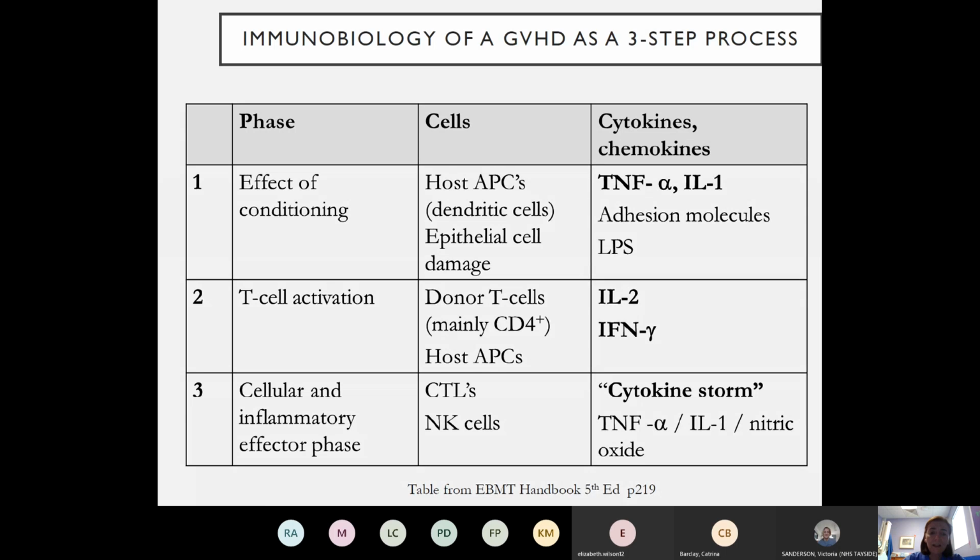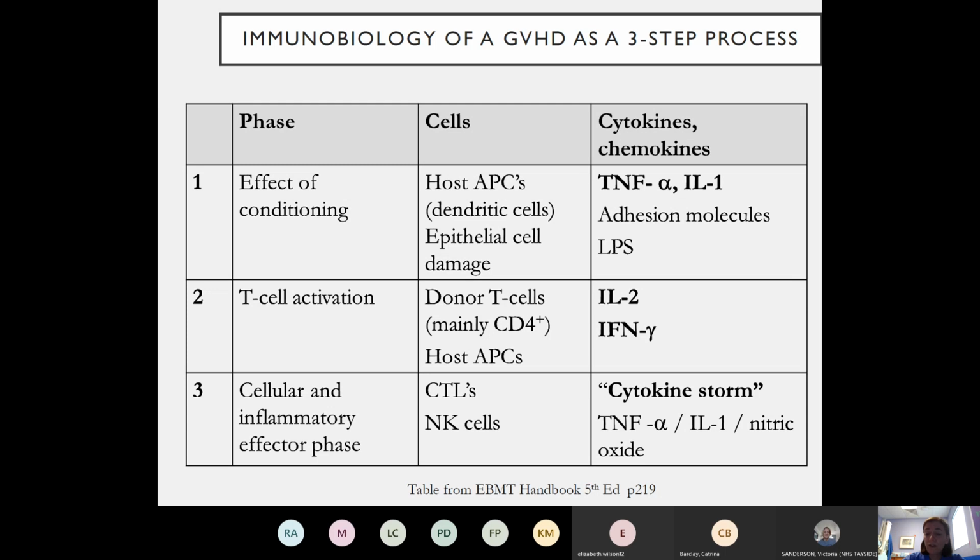The third phase is the cellular and inflammatory effector phase. So that's when your healthy donor T cells, with the help of those CD4s, see the production of cytotoxic T lymphocytes, that's usually CD8 positive cells, and natural killer cells, and they go in for the kill.